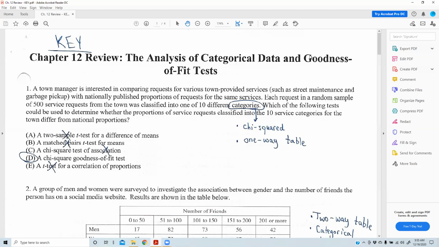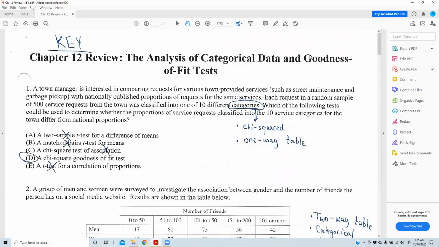Each request in a random sample of 500 service requests from the town was classified into one of 10 different categories. Which of the following tests could be used to determine whether the proportions of service requests for the town differ from national proportions?